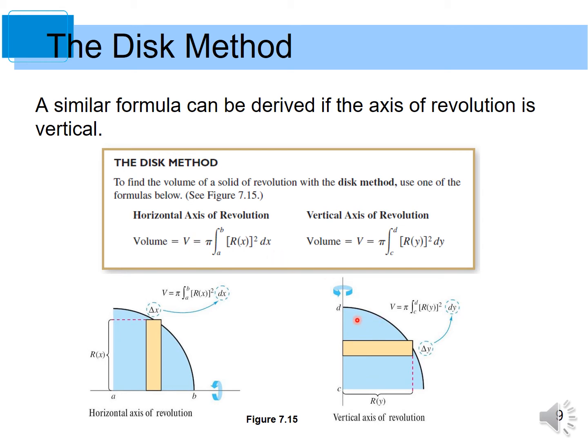If the plane region is revolved about the vertical axis, we use the horizontal rectangle, whose width is delta y, so we integrate with respect to y.